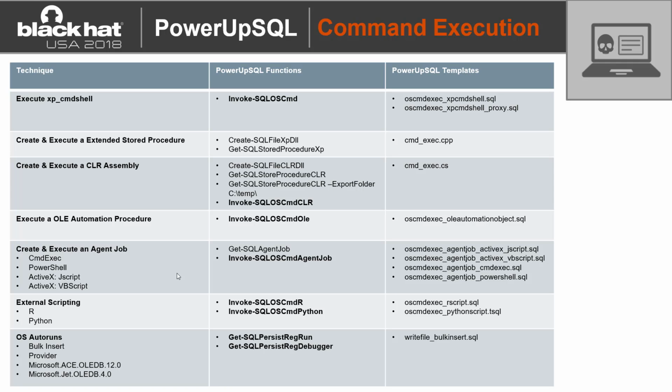CLRs, so .NET assemblies that you can create. I have a function where the create SQL file will actually randomize all the classes, methods, and namespaces, so it's a little harder to detect. And then you can also get the existing ones that are there. The really cool flag there is export folder. When you import a .NET assembly, it actually stores the code in the database.